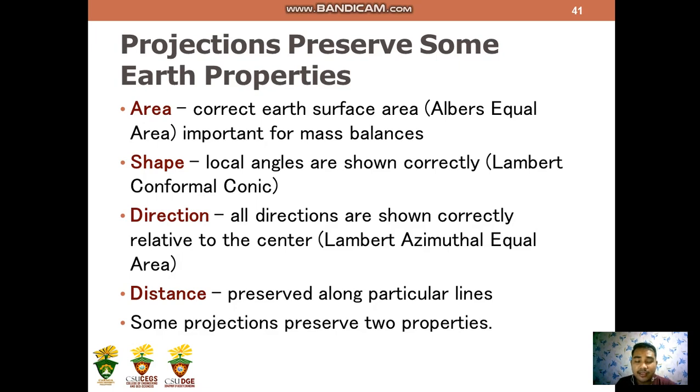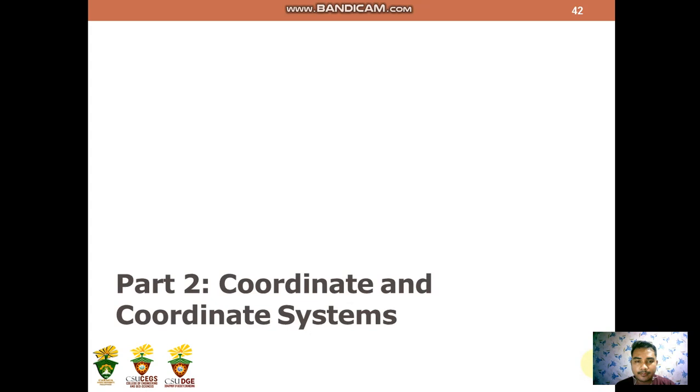For direction, all directions are shown correctly relative to the center. An example is the Lambert azimuthal equal area. And for distance, you preserve it along particular lines. There are also some projections that preserve two properties, but that is rare. Usually you only choose one property.